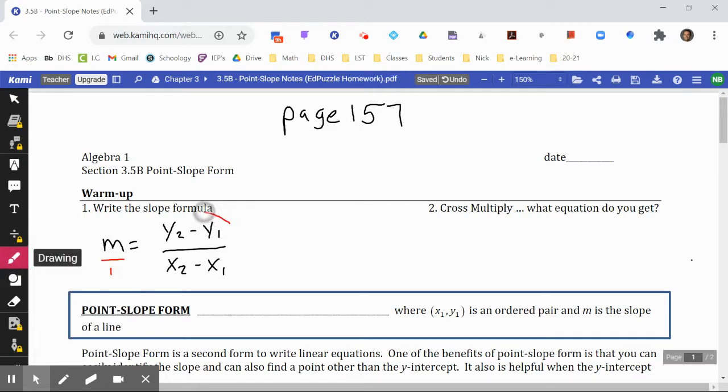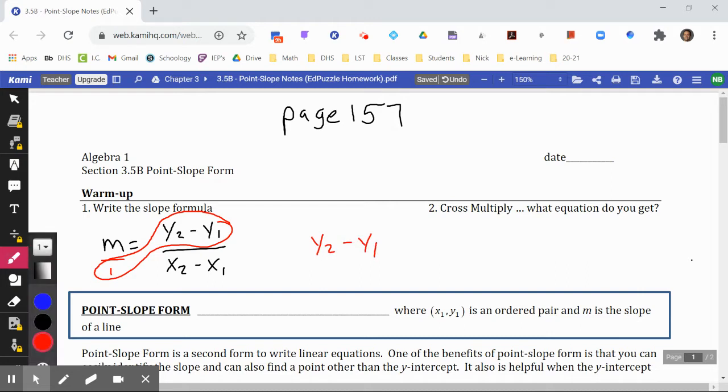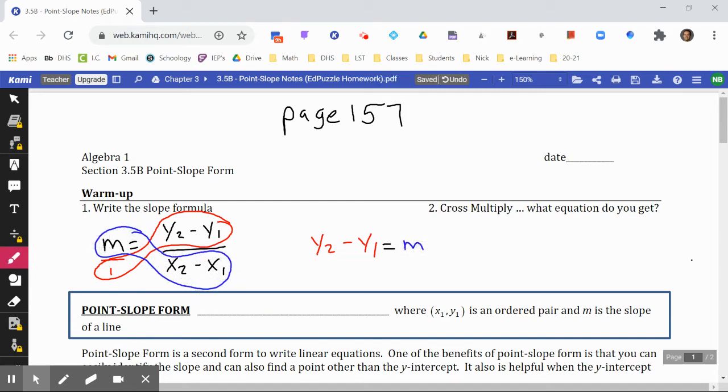We're going to get y2 minus y1 times 1, which just gives me y2 minus y1. That's going to be on my left side, and that's going to be equal to, now I'm going to cross multiply with my m times x2 minus x1. Well, that's going to look like this: m times x2 minus x1.